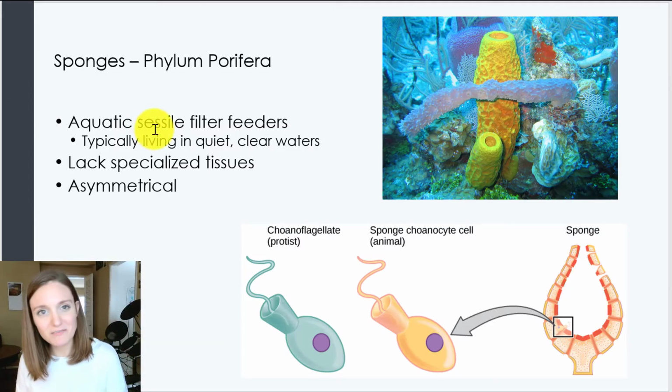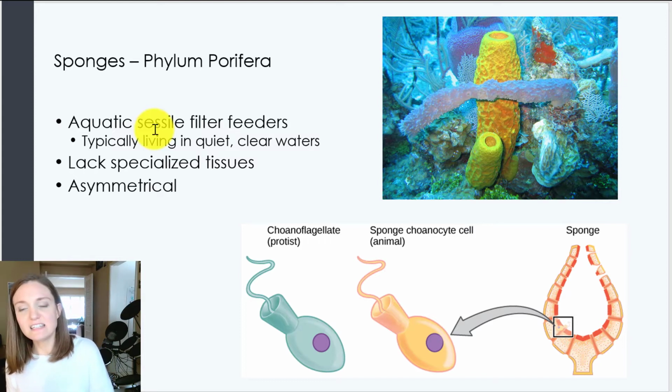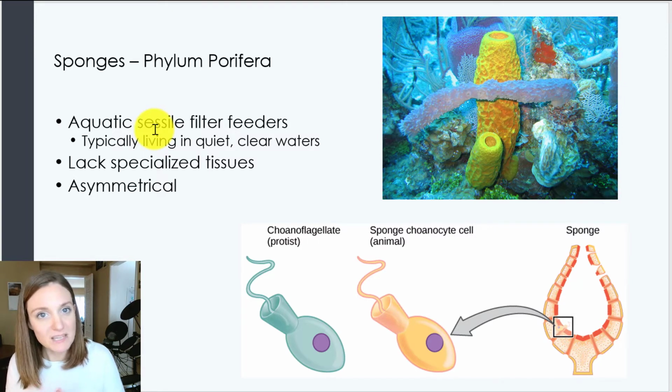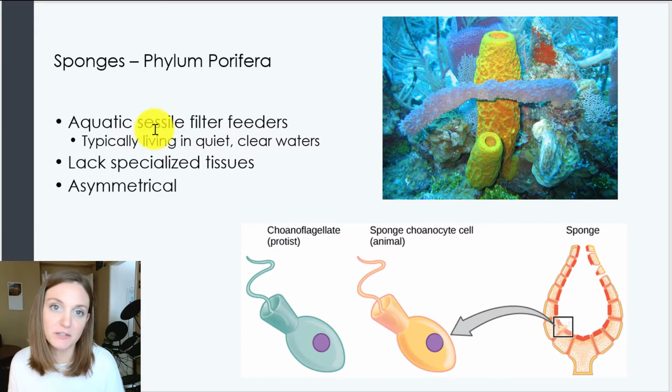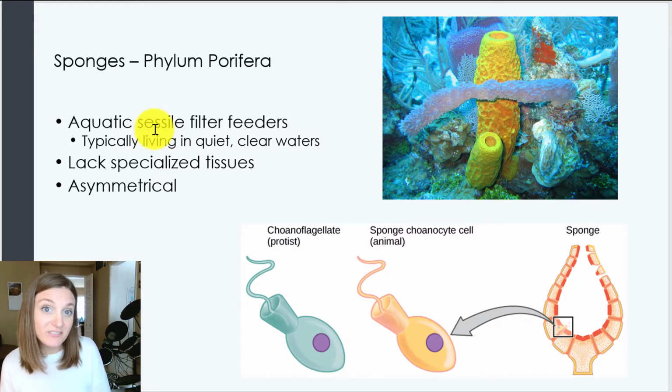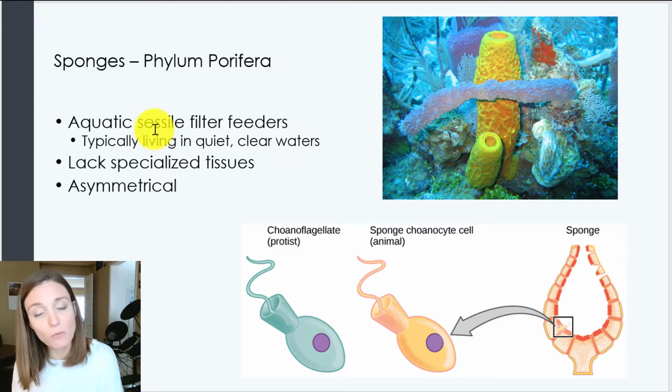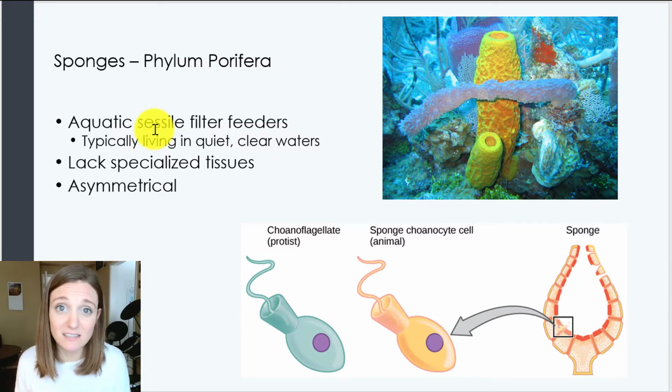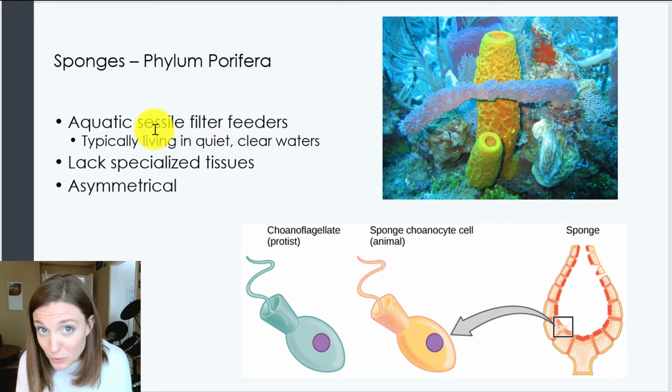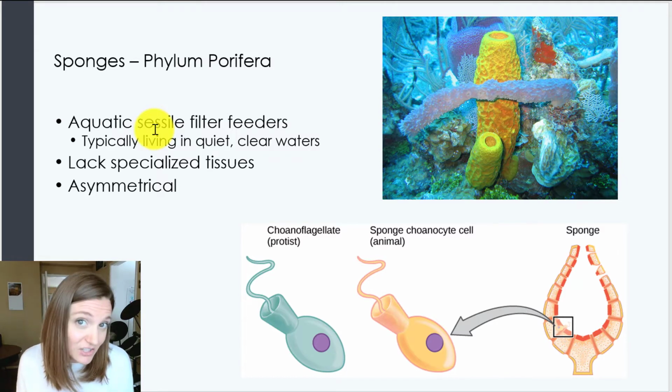The sponges in phylum Porifera are mostly marine, sometimes freshwater, but regardless, they're all aquatic species, living in water. They are all sessile, meaning that they don't move in their adult stage at least.